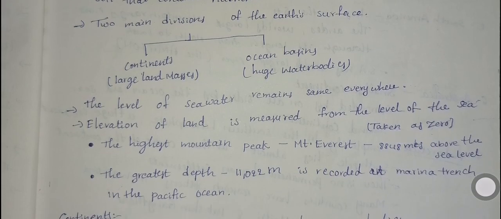Next, the level of the sea water remains the same everywhere. Note at this point, the level of the sea water remains the same everywhere in the ocean basins.